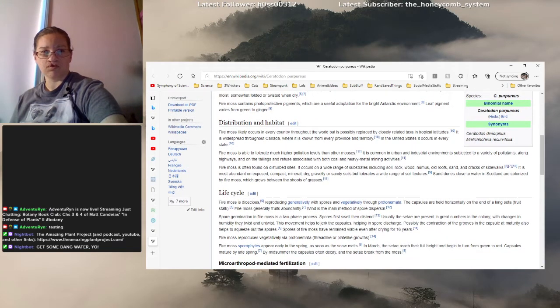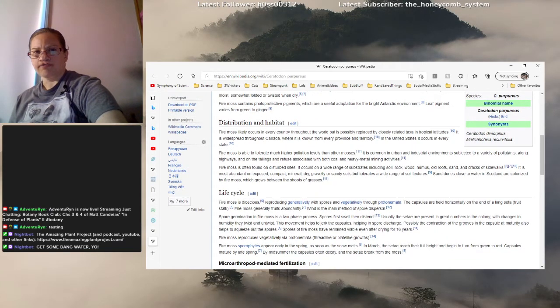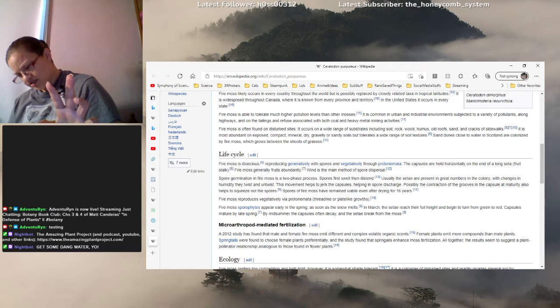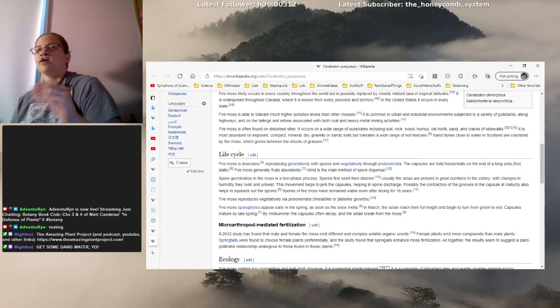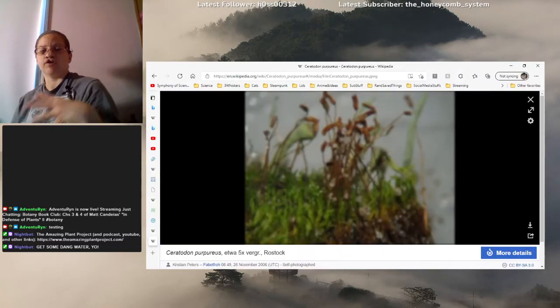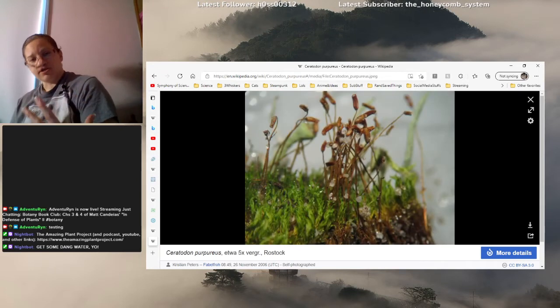Found throughout the world. But it's one of those that can not only survive, but it kind of thrives under environmental stress.